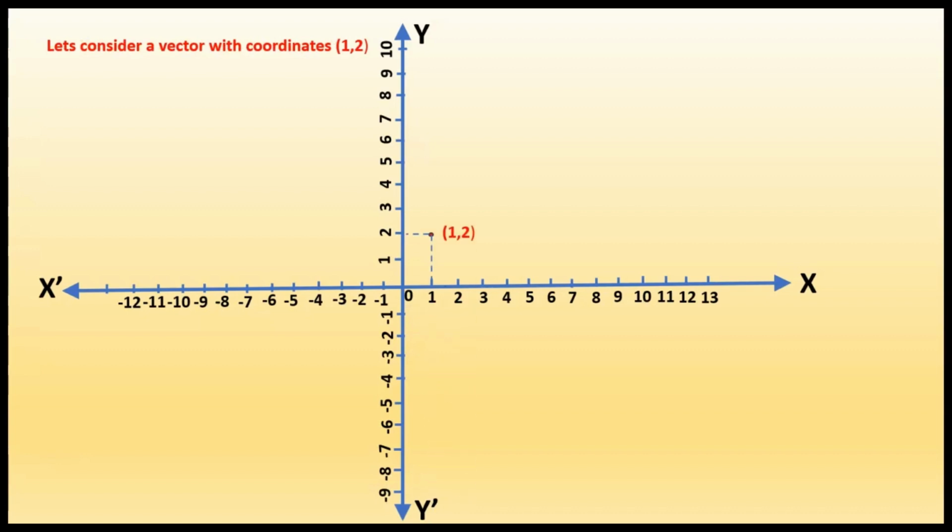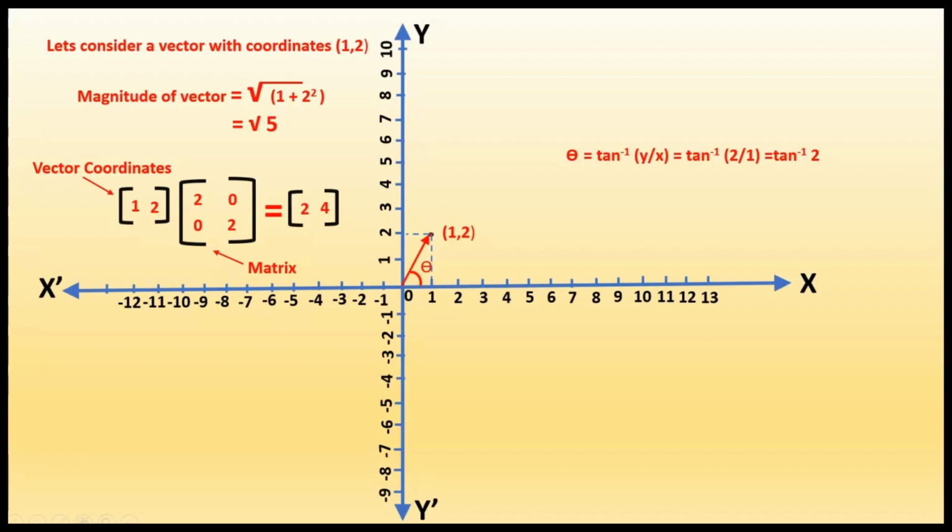Let's mark 1, 2 on the coordinate axis, and we mark the vector pointing towards the direction. The magnitude of this vector is root over 1 plus 2 square, that is root 5, and the slope theta equals tan inverse y by x, that is tan inverse 2 by 1. You will get tan inverse 2.